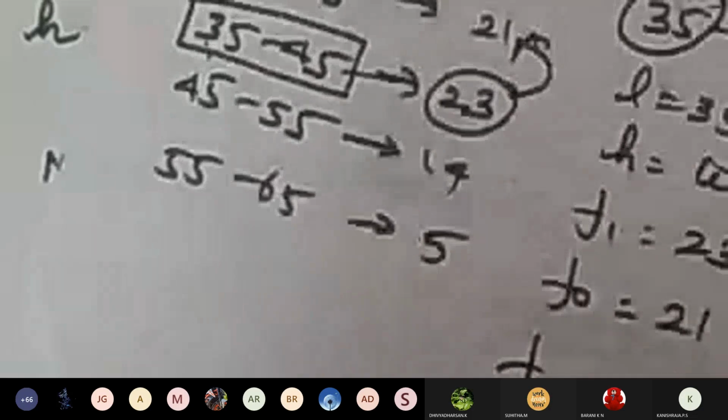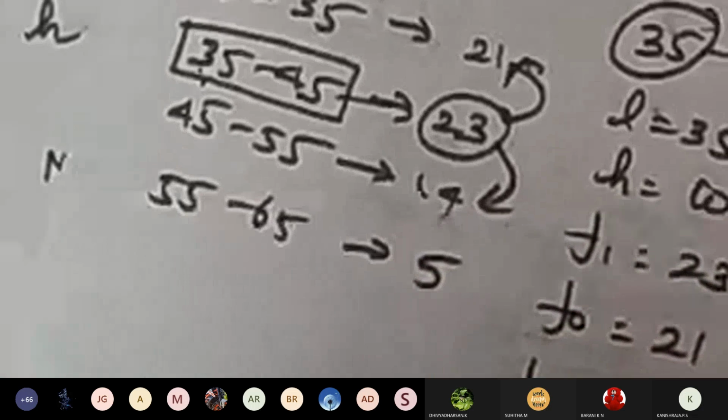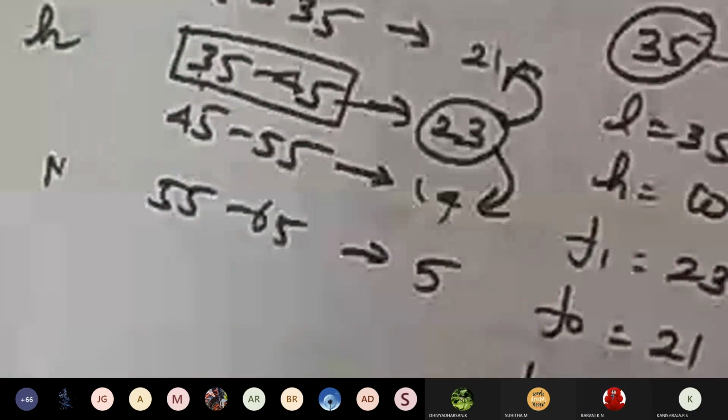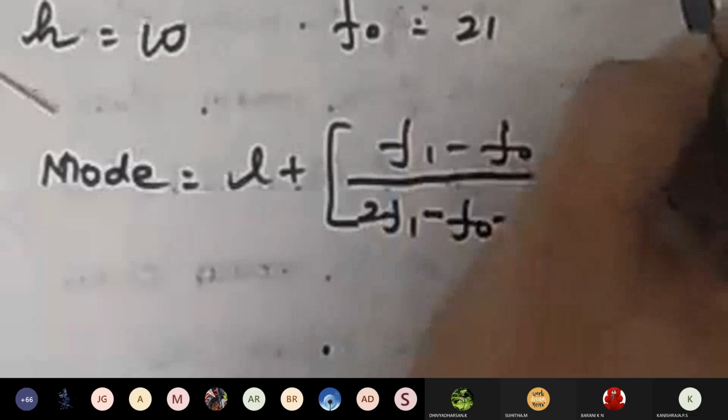That is F0. F2 is the frequency of the class succeeding the modal class, which is 14. That's all the values. I can tell you an easy way to remember. So F1 is 23, F0 is 21, F2 is 14.